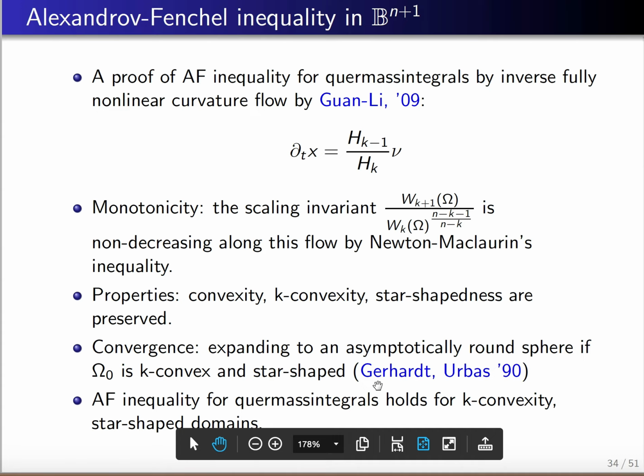This was a result of Gerhardt and Urbas in the 90s. So by using these properties for this flow, you can show that the Alexandrov-Fenchel inequality for quermassintegrals holds for k-convex and star-shaped domains, not necessarily convex domains.